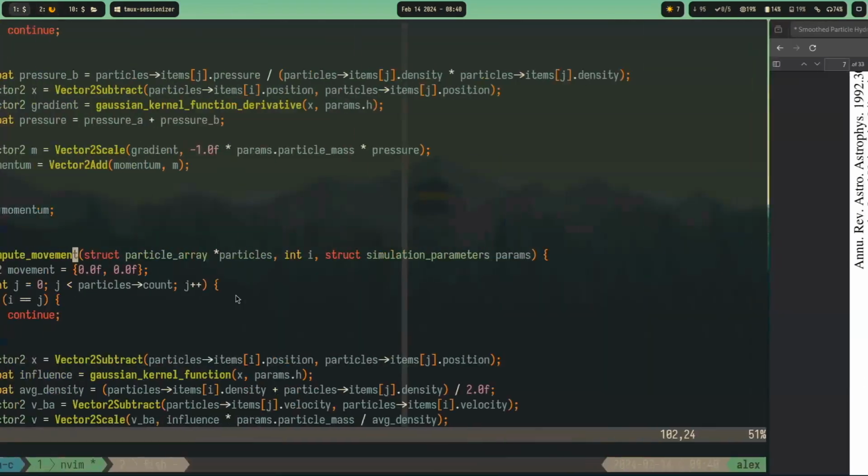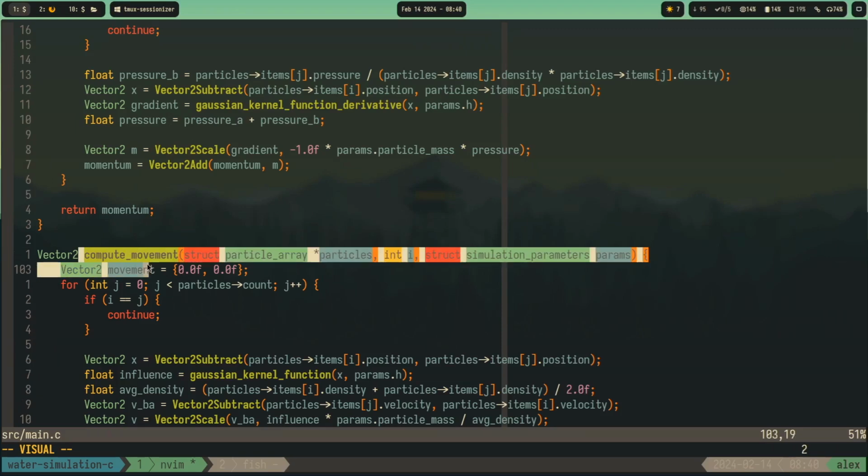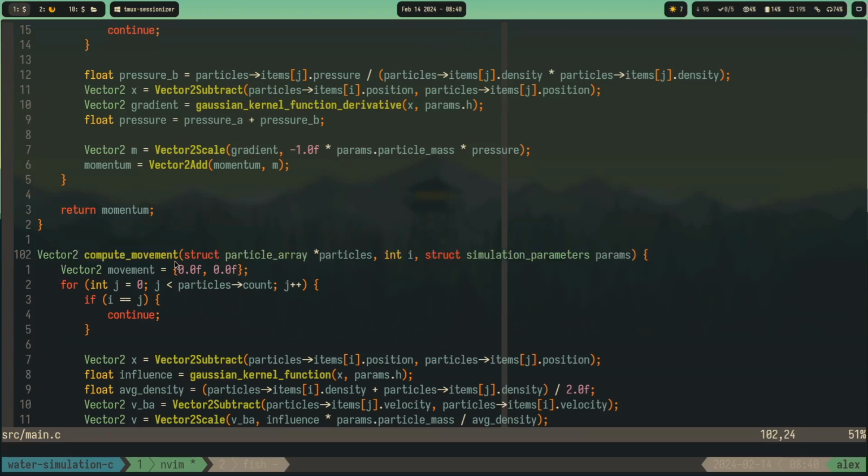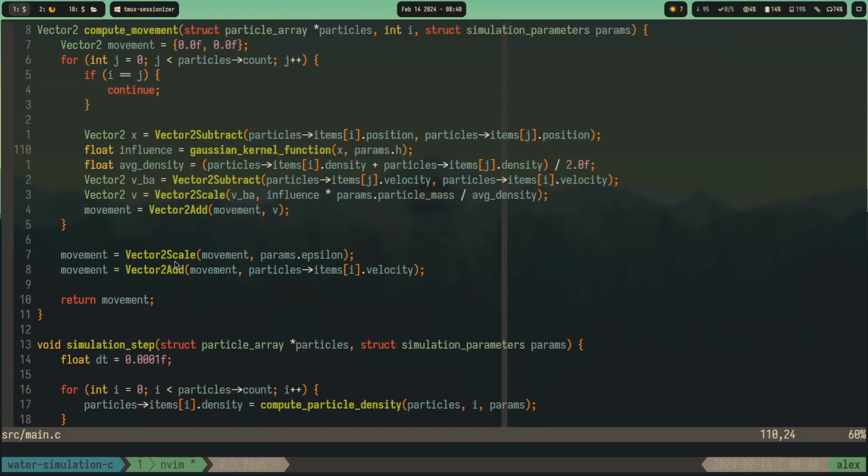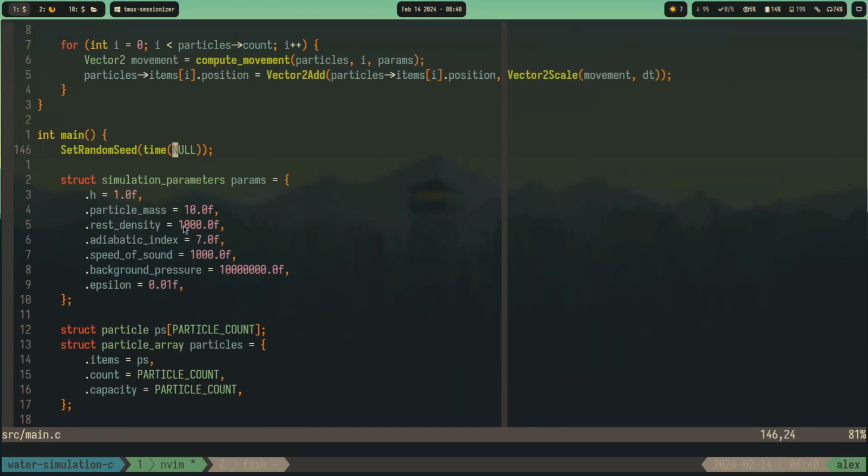I was thinking that something we can try to do is to compute the rest density based on the mass, the volume that we have available, and what else?